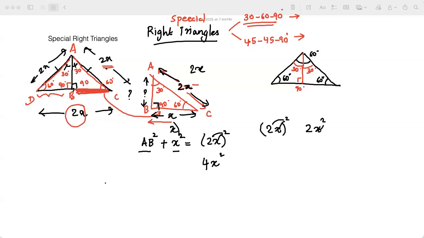AB is not x, ma. Correct, Ashruta. That is right. Can you take square root on both sides to get AB? Oh, yeah. You're right. After getting AB square, if you take square root on both sides, you get AB. I can help you. If you can show me step 1, I'll help you with step 2.